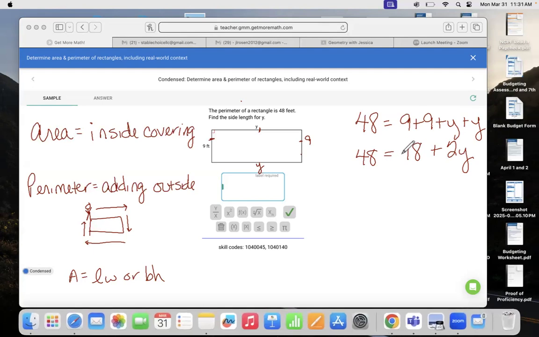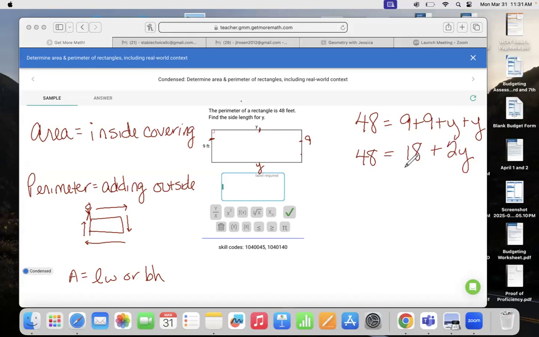To find my missing piece, I'm going to have to take 48 minus the 18, and that's going to get me 30. And then I have two Ys, right? Because these two are going to be equal to each other, which means I have to divide by 2. So that tells me 15 is what Y equals.